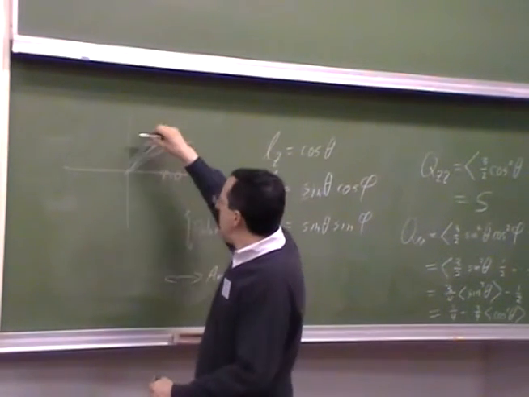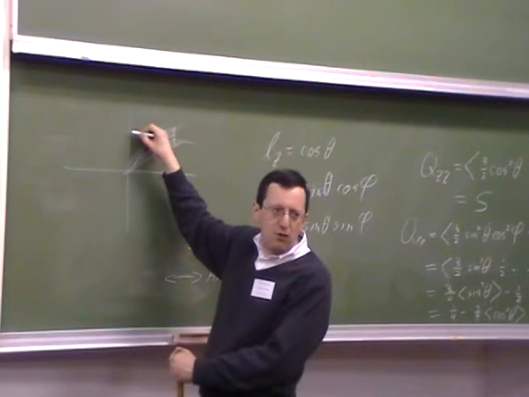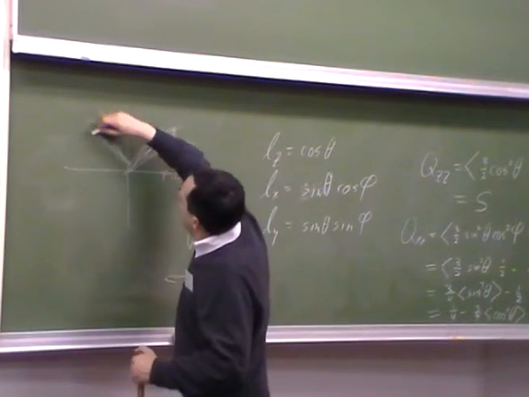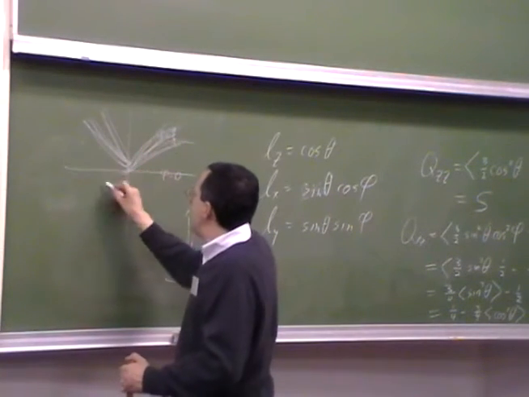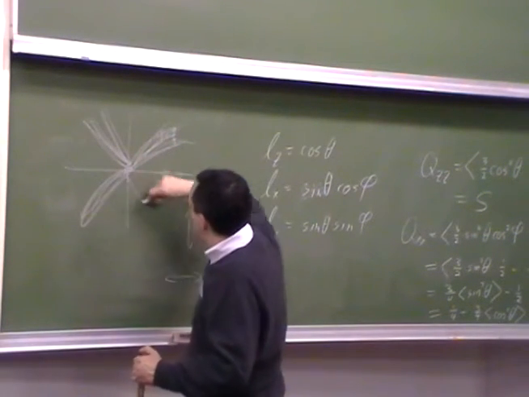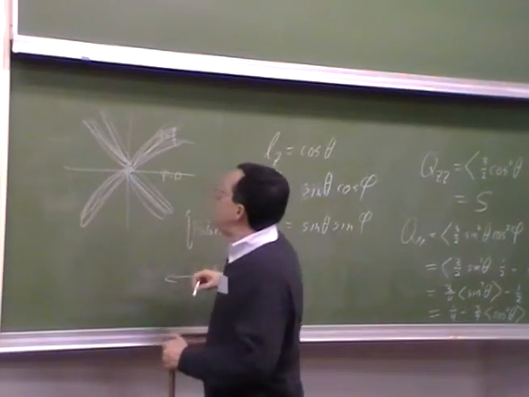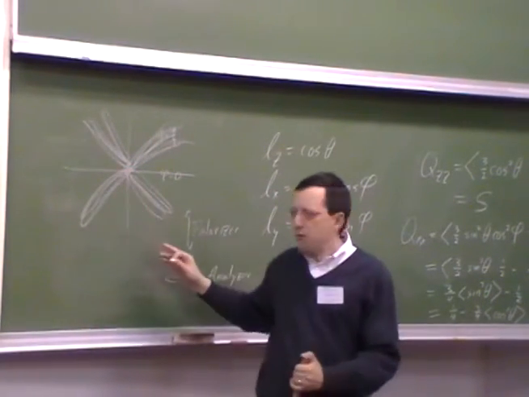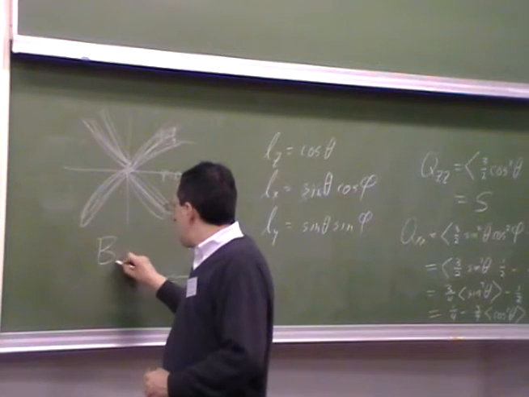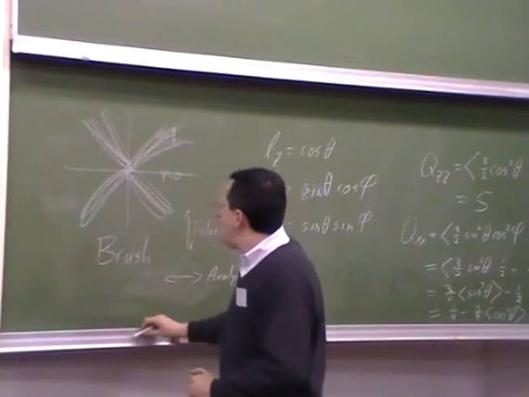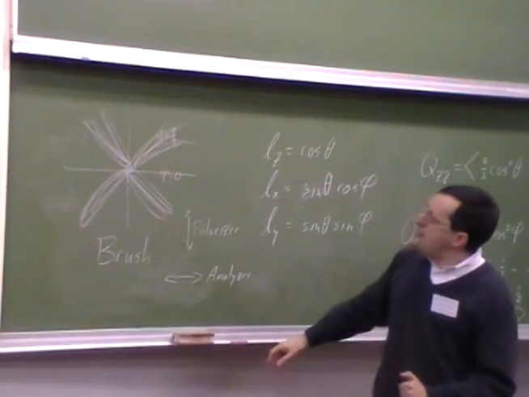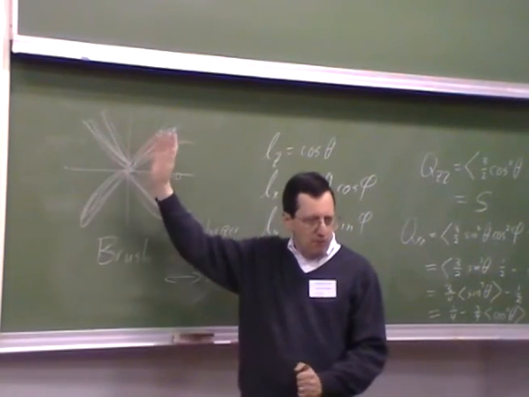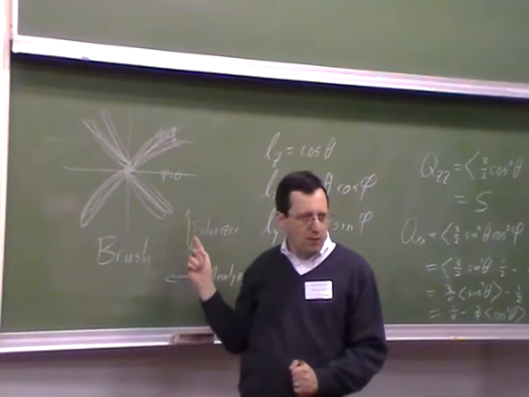Around here, where it's pi over 2, it's dark again. Over here, you'll see bright again. Then dark, bright, dark, bright. If you were to look at that under a microscope, you would see this kind of picture, which people might call a brush, with this whole pattern of bright and dark going around.